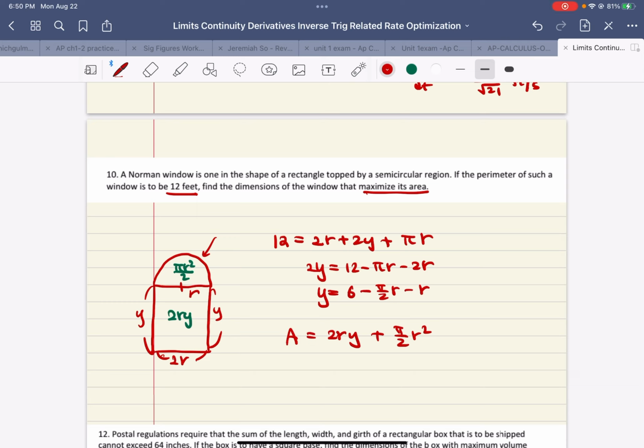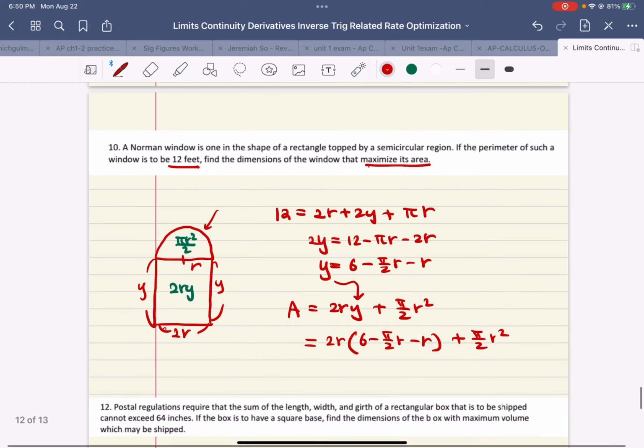Now you can substitute for y. So 2r times 6 minus pi over 2 r minus r, plus pi over 2 r squared.